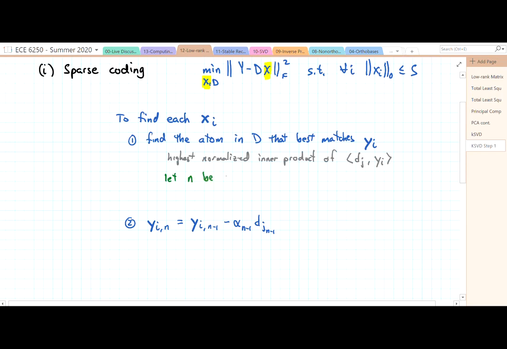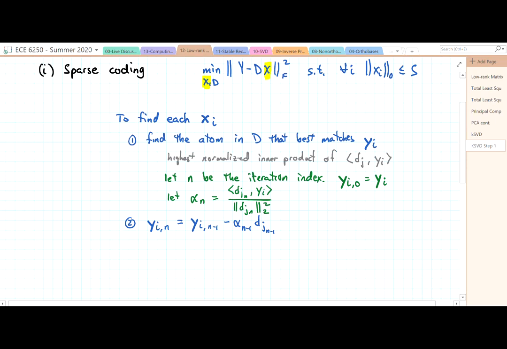Let n be the iteration index. And we're going to let y_i,0 equal y_i, and let alpha sub n equal the inner product of d_{j_n} and y_i over the norm of d_{j_n} squared.